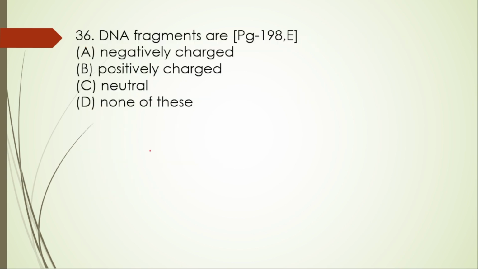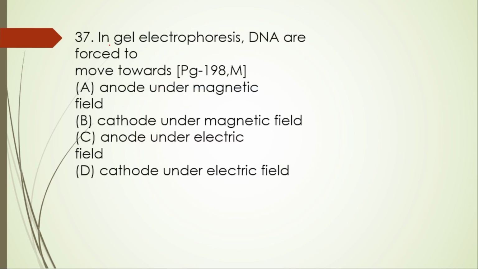So the technique used for the separation of the DNA fragments is gel electrophoresis. Next, 36th one. DNA fragments are negatively charged, positively charged, neutral, or none of these. DNA fragments are negatively charged because of the phosphate group present in their chemical backbone. Next, 37.